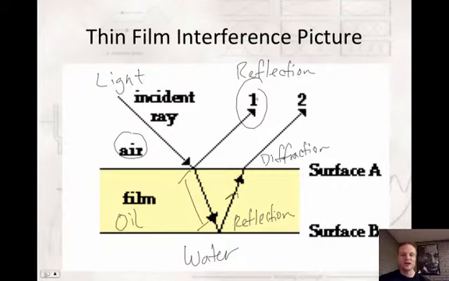So what you end up having are two light rays exiting from this thin film, and what ends up happening is you will get constructive and destructive interference occurring.